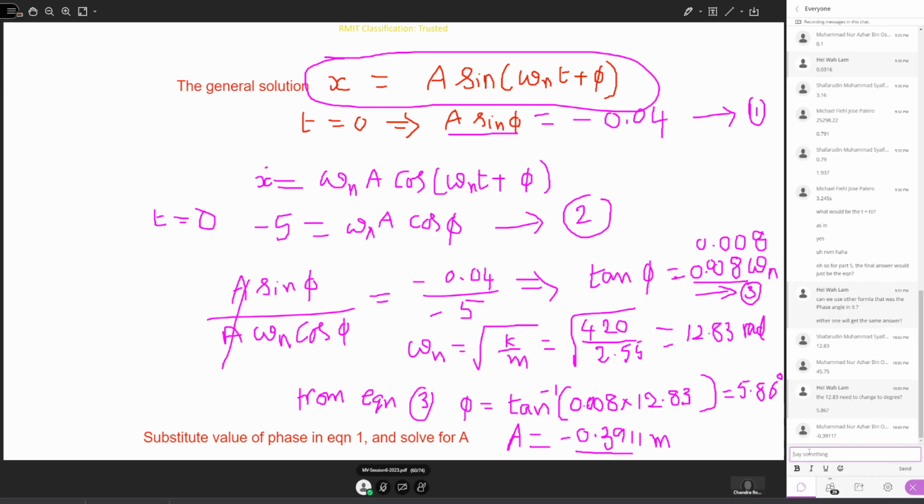That will be your response. Substituting the values of A, omega n, and phi in the general solution, you will get the equation of motion, or the response for the system. Guys, is that clear?